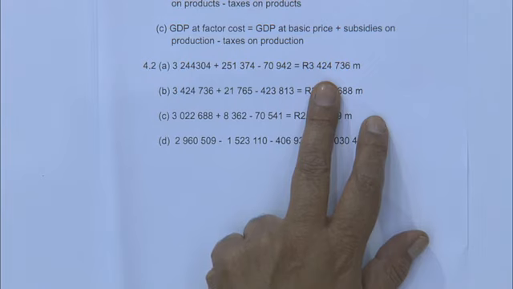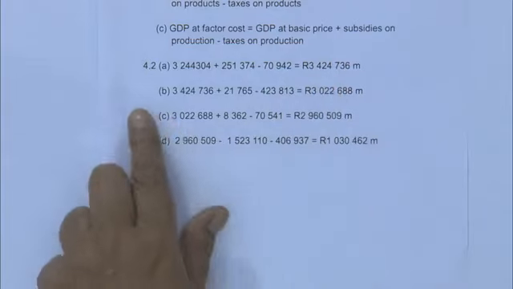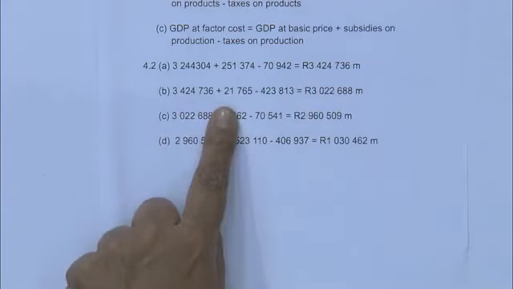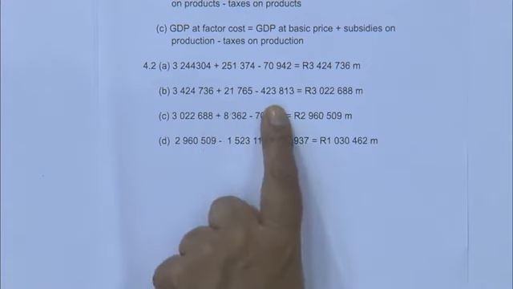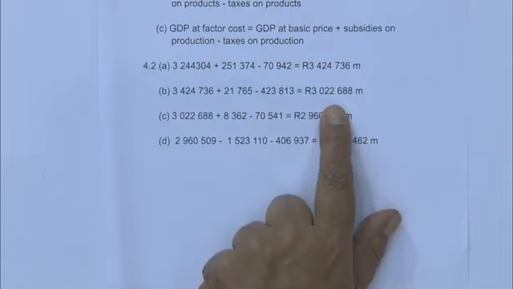Now you must calculate GDP at basic price. So you've got to start with the GDP at market price, the answer you got there. You've got to now start with the 3424736 plus your 21765, which is your subsidies on products, minus your taxes on products, which is the 423813, which gives you your 3022688.